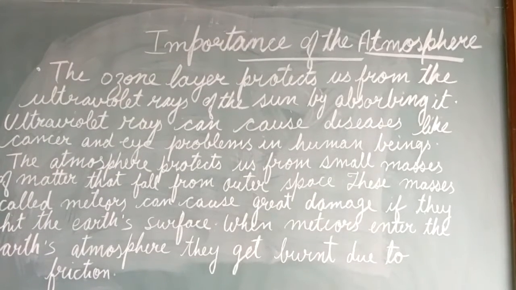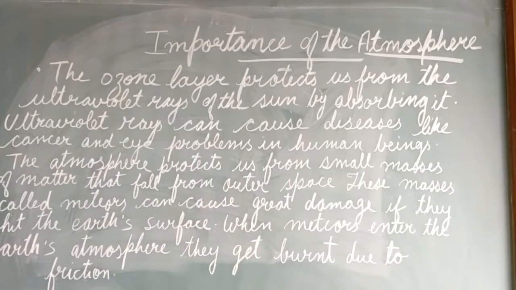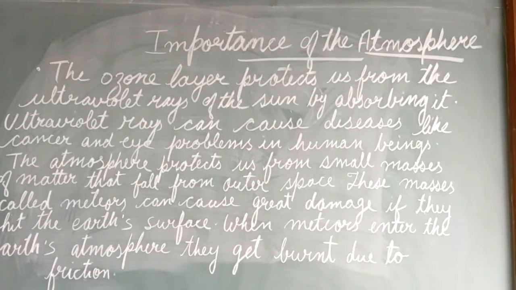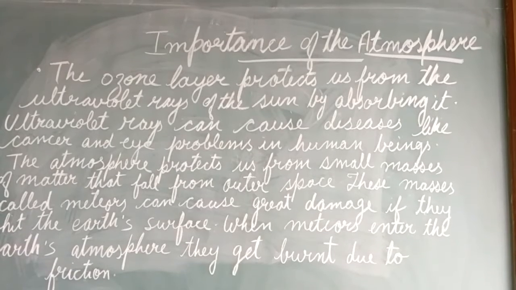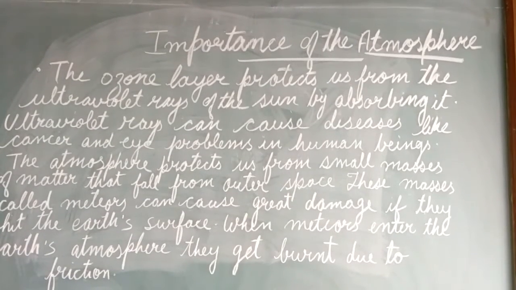Plants get nitrogen from the soil, and animals get it from plants, because they eat the plants.